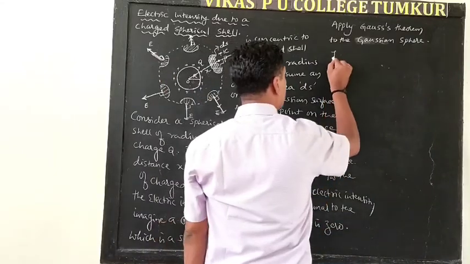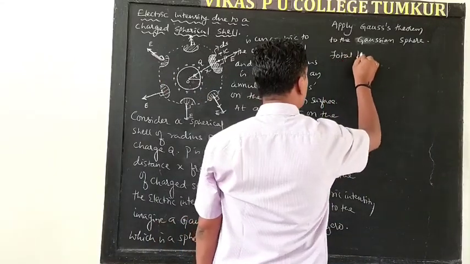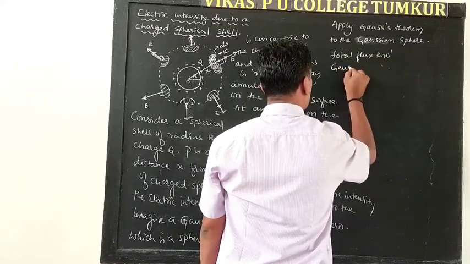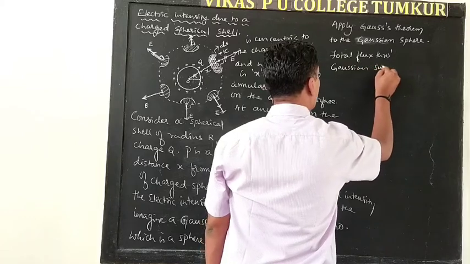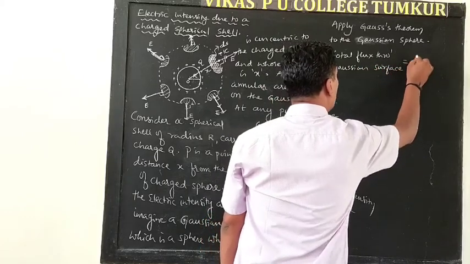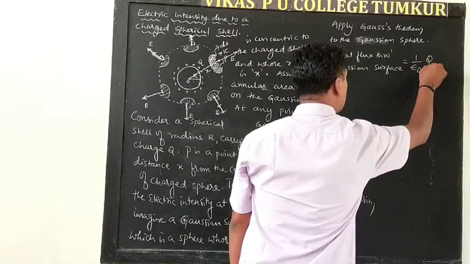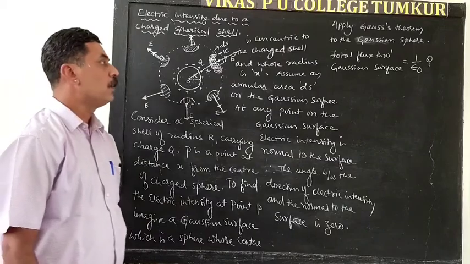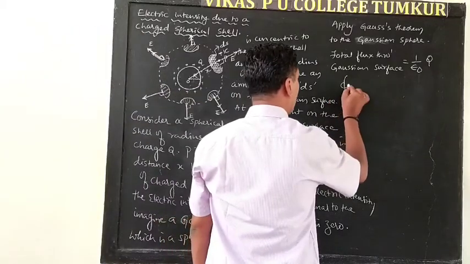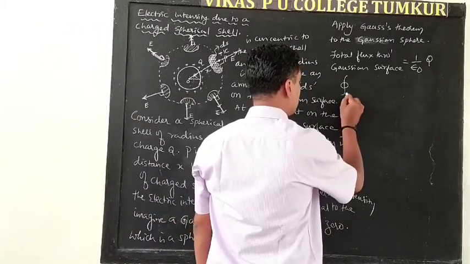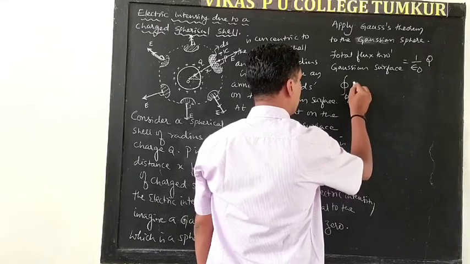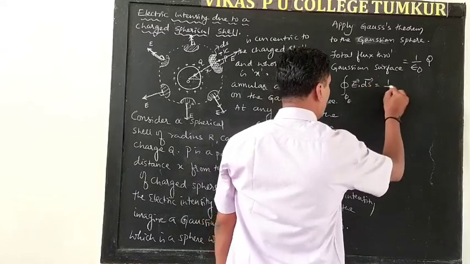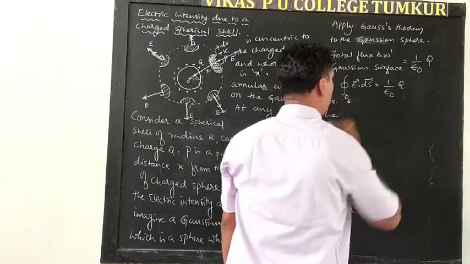So total flux through the Gaussian surface is equal to 1 by epsilon naught times the charge enclosed by that Gaussian surface. Like this. So total flux, as we have taught, this is phi, integral of E dot ds is equal to 1 by epsilon naught q, like that.